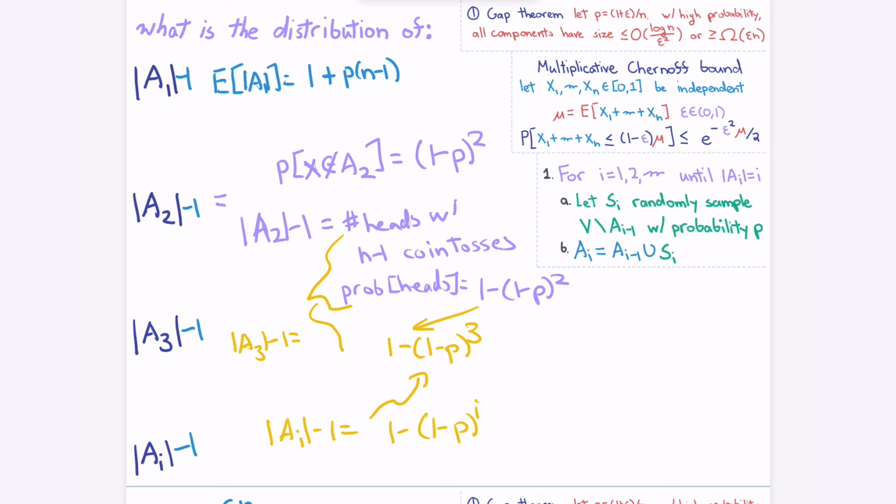The cardinality of A2 minus 1 is going to be distributed like if I had n minus 1 coins and they flipped heads with probability 1 minus (1 minus p) squared; the total number of heads has the same distribution as A2 minus 1. So this is just parameterizing the distribution. The expected value is then this probability times n minus 1.